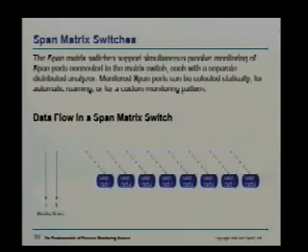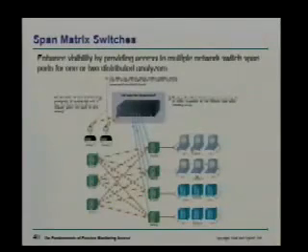Since span matrix switches are coming off of a span port, obviously they don't have any tap technology. They're more of that end station type of monitoring solution. An example of a span matrix switch application would be coming off of several switch span ports, bringing them in to that one common hardware point, and then monitoring them as you see fit through the use of software.